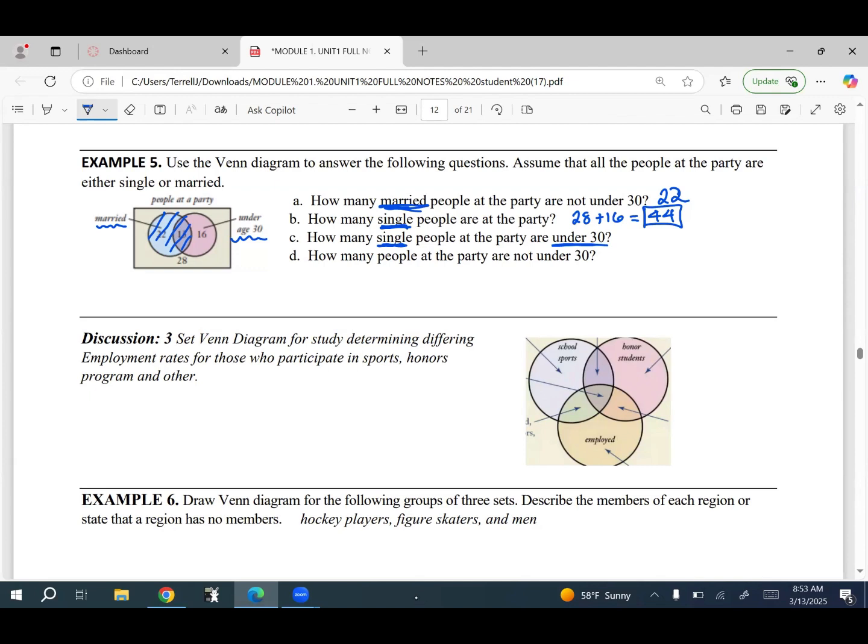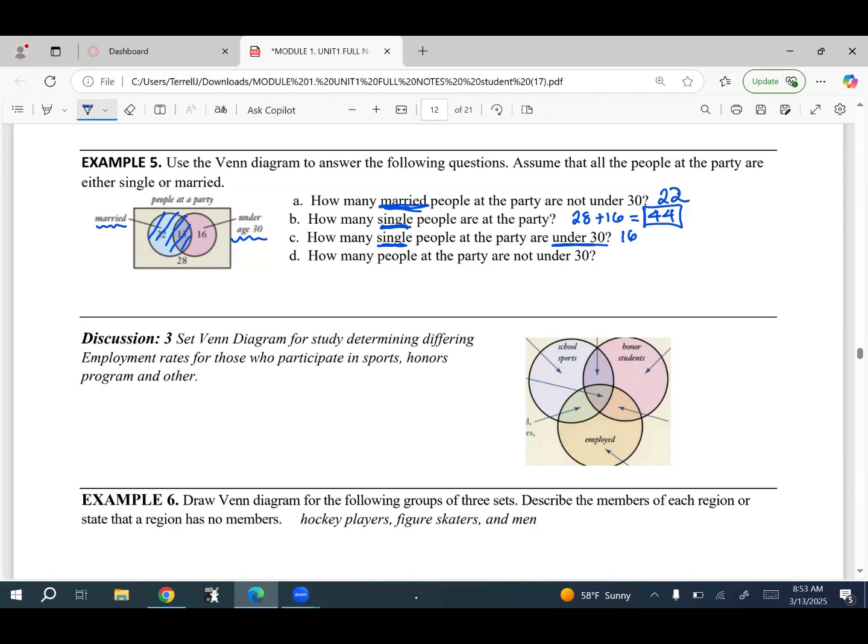So I have the 28 and the 16, but they have to be single and also under 30. The only one with single and under 30 would be 16, because the pink circle represents under 30. 28 represents single but over 30.